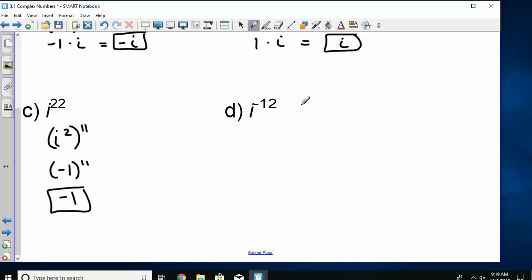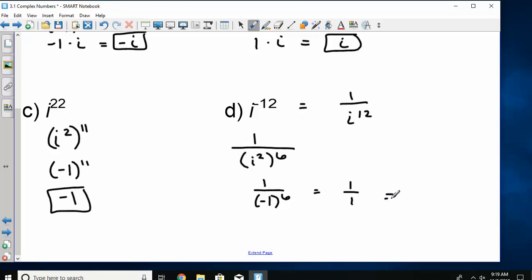So we could just make it 1 over i to the positive power. What is i to the positive 12? So how would I break that? i squared to the 6th. i squared is negative 1, negative 1 to the 6th is 1, and 1 over 1 is 1.